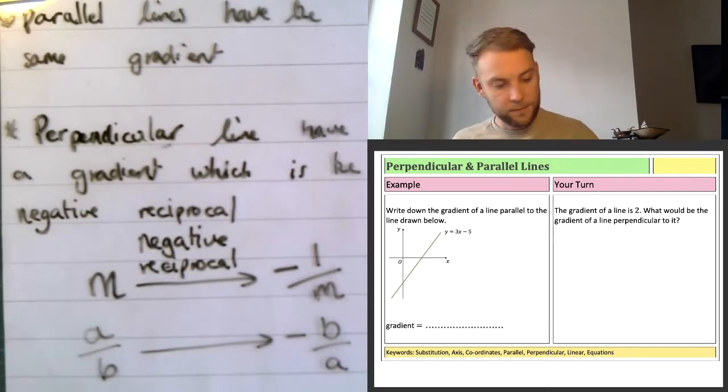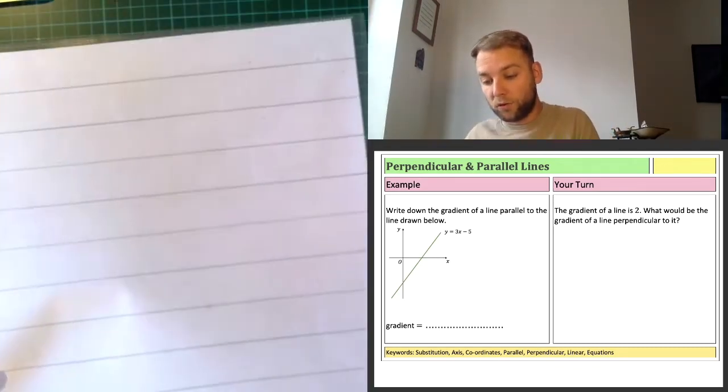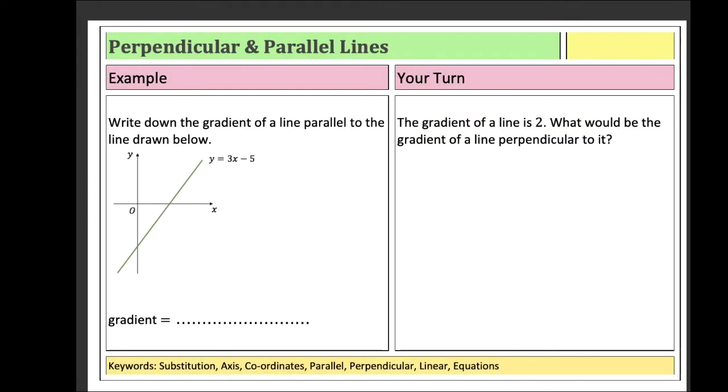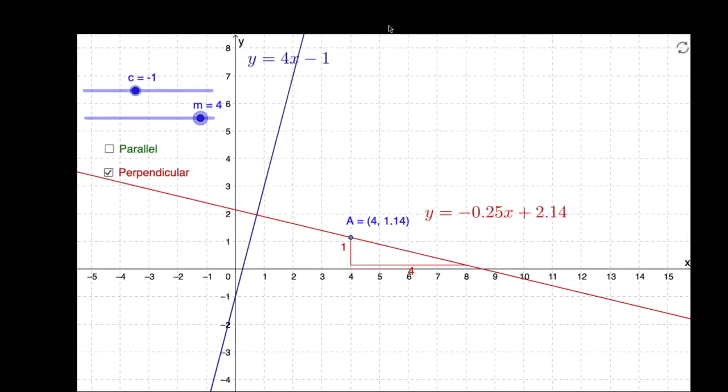We'll come to that. Now, does this make sense with what I had before? Well, yes, it does, doesn't it? Because if I just quickly go back to my gradient here, I've got a gradient of 4, and my perpendicular gradient is negative 0.25.